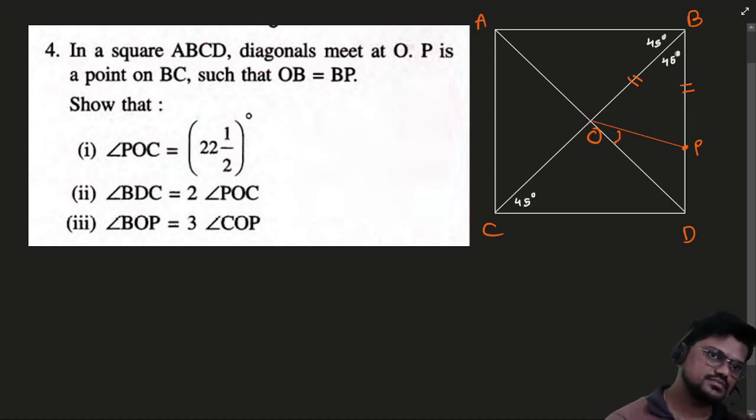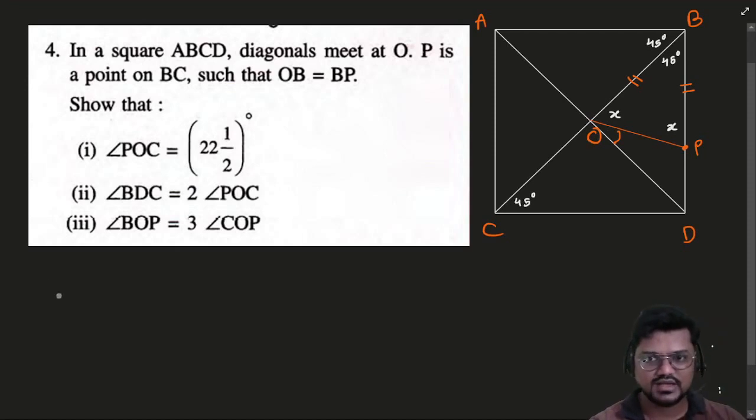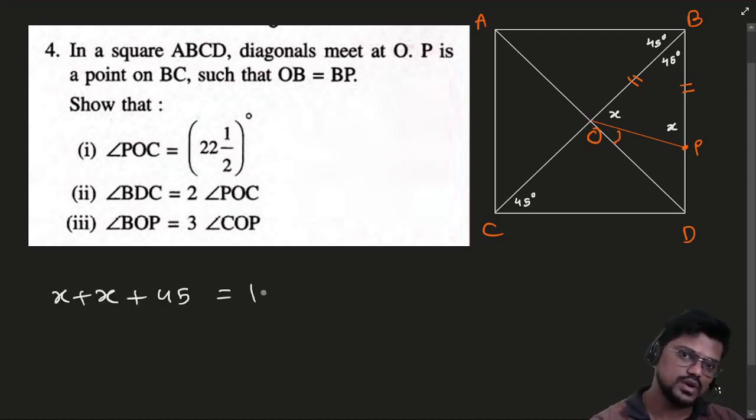Now triangle BOP is an isosceles triangle. So if this is X and this is X, then X plus 45 plus X will be 180 degrees. So 2X will be equal to 180 minus 45, that is 135.